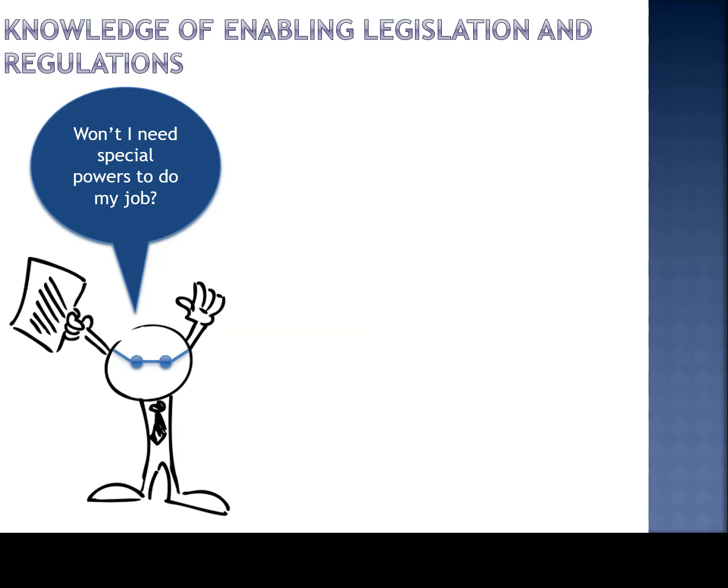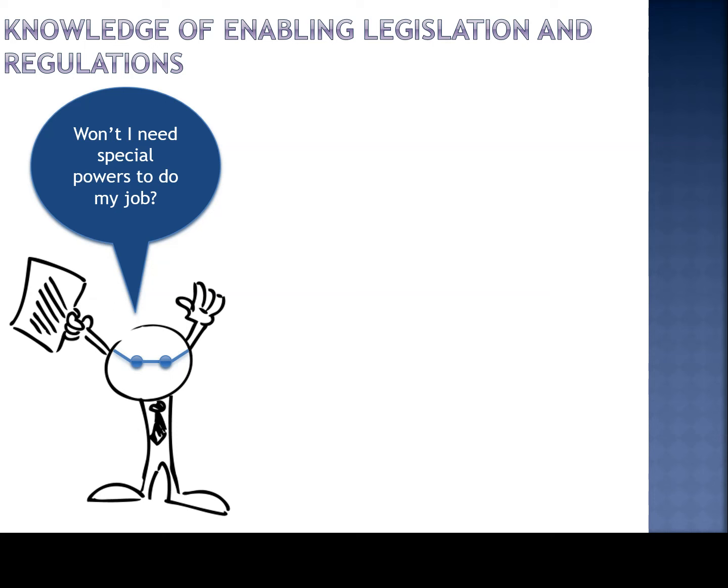So in order to conduct your work as an authorised officer under legislation, you need certain powers to do that. You need those powers in order to gather the necessary information to enforce the legislation or to obtain compliance from those who are regulated by the legislation.